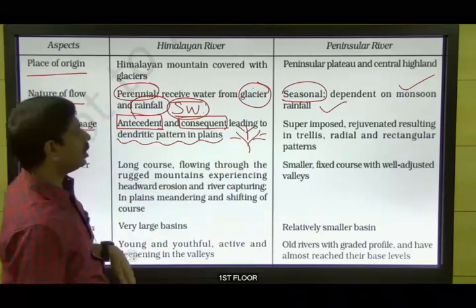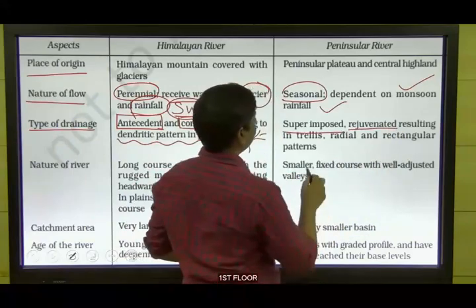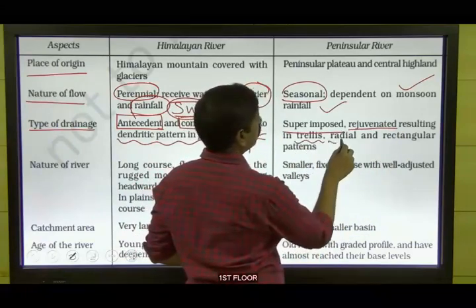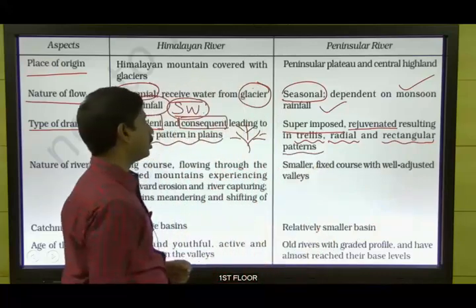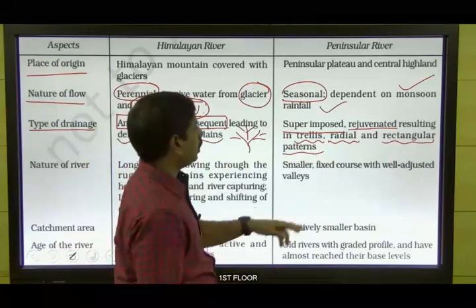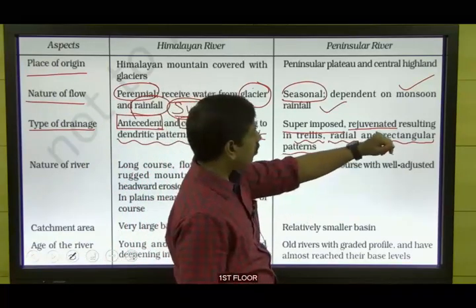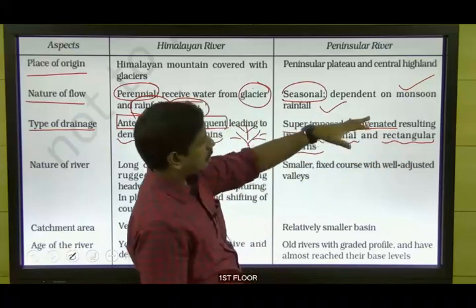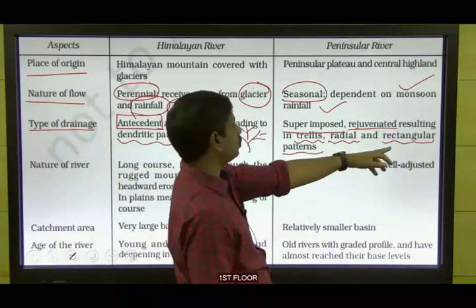Here superimposed and rejuvenated drainage, so trellis, radial and rectangular patterns are seen. Example for trellis, Chota Nagpur Plateau. Example for radial, Amarkantak Plateau. Example for rectangular, it is the Narmada river, between Vindhya and Satpura.